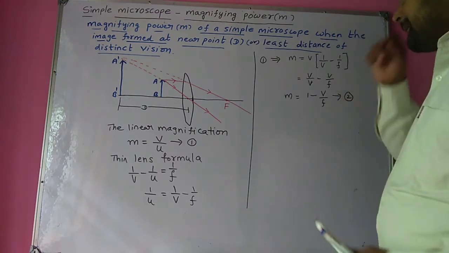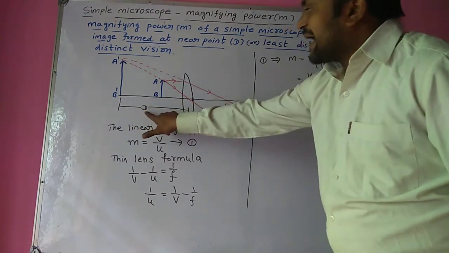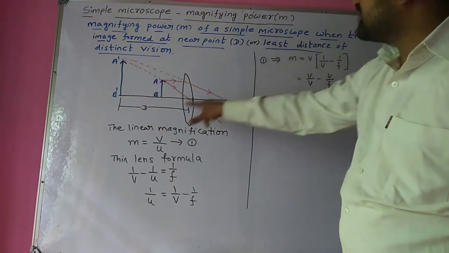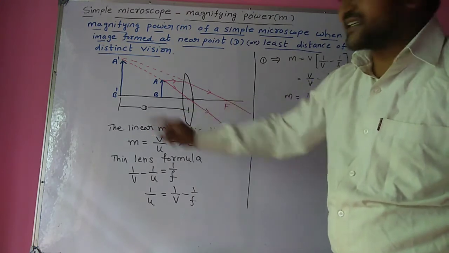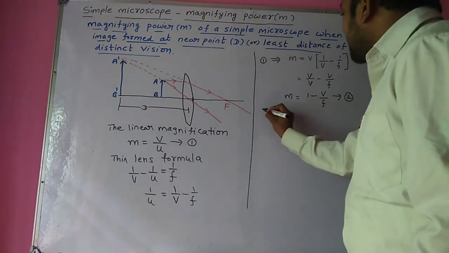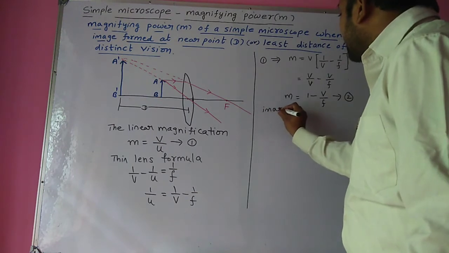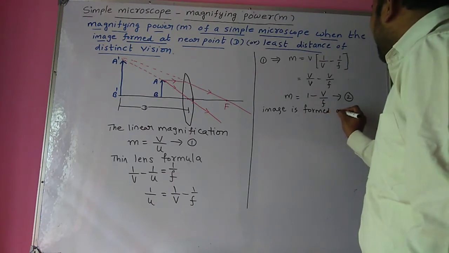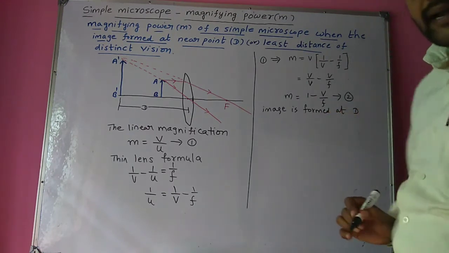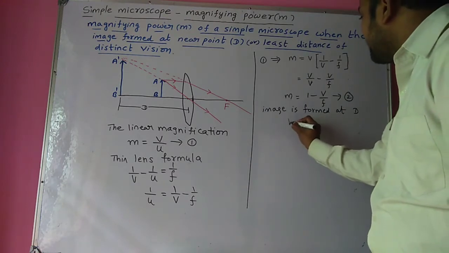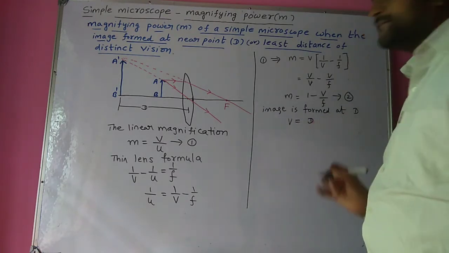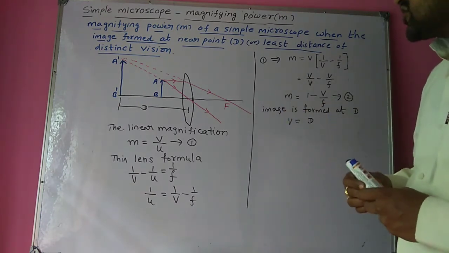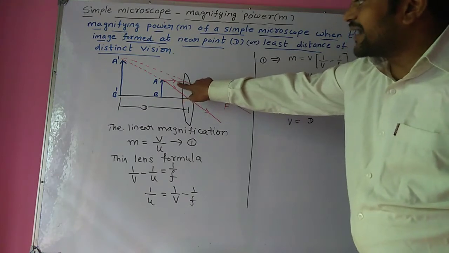Now, here the image is formed at a distance capital D, that is at the near point, the least distance of distinct vision. We have considered that case, the first case. When the image is formed at D, D means near point, so you can take image distance V is equal to D. According to the sign convention, this is the incident light direction.